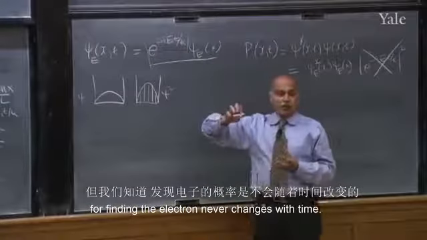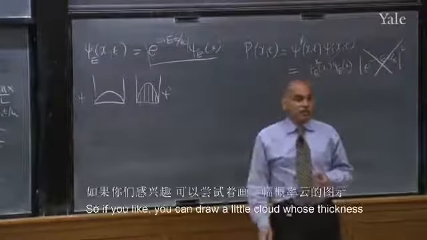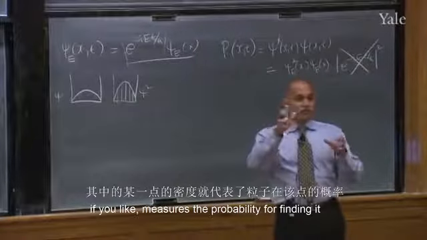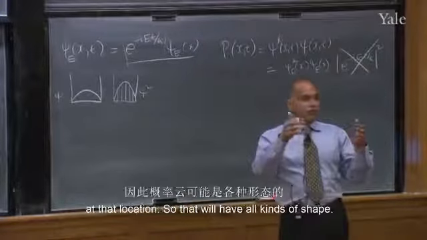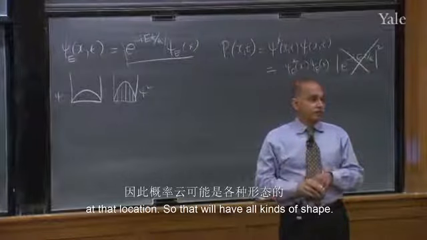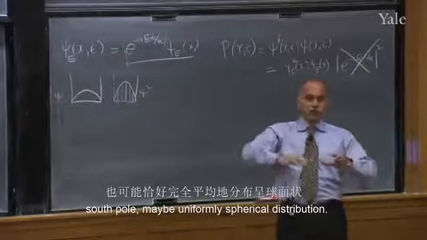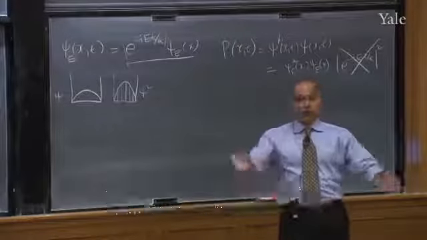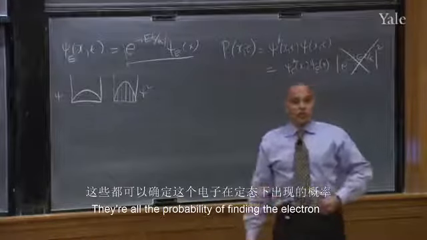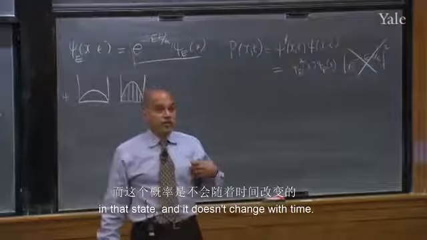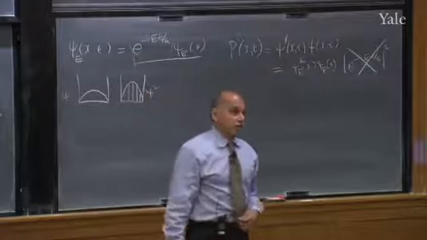But the probability for finding the electron never changes with time. So if you like, you can draw a little cloud whose thickness measures the probability for finding it at that location. That'll have all kinds of shapes. It looks like dumbbells pointing to the North Pole and South Pole, maybe a uniformly spherical distribution. They're all a probability of finding the electron in that state, and it doesn't change with time.